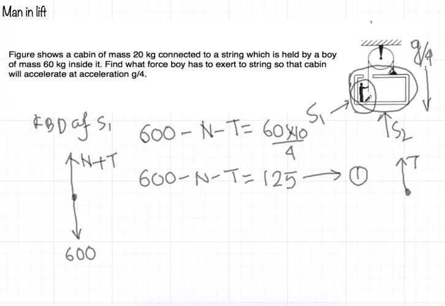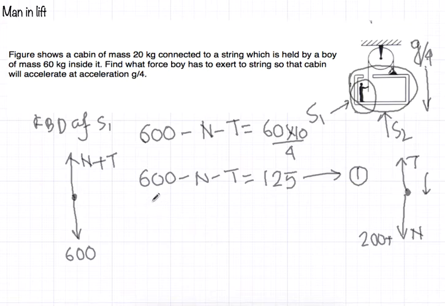What else is there? Look at this. This man is standing on this cabin. So the cabin is giving a reaction force of N. So by the third law, this man will give a force N back to this cabin. All right, and of course the weight of the cabin. Now what is the weight of the cabin? I think 200. Now again the cabin is going downward, right?